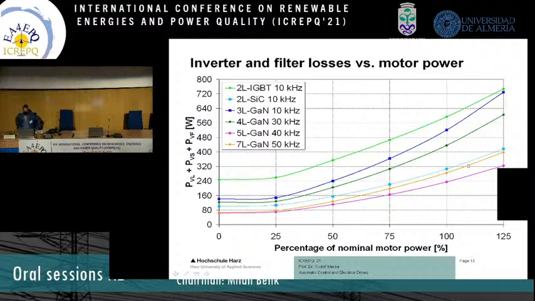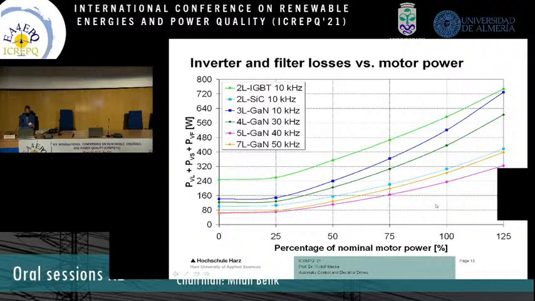You can see this light blue curve. Another reduction is achieved by the 5-level inverter with 40 kilohertz switching frequency, the magenta curve, but the 7-level inverter increases the losses again.